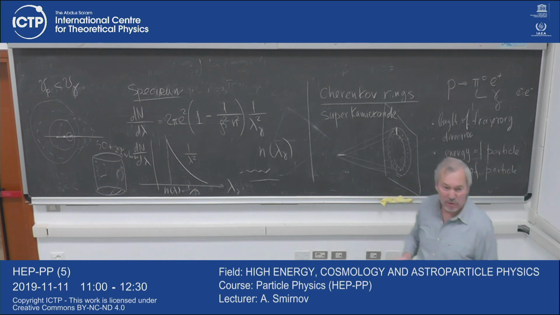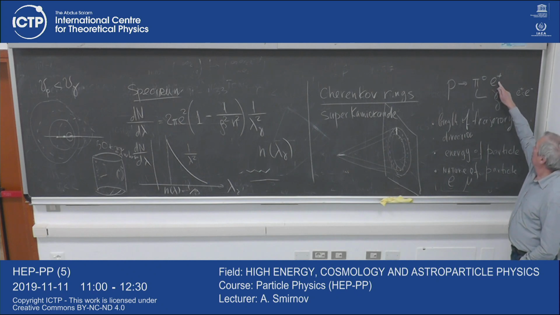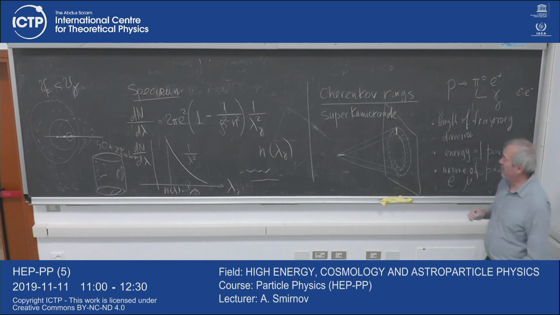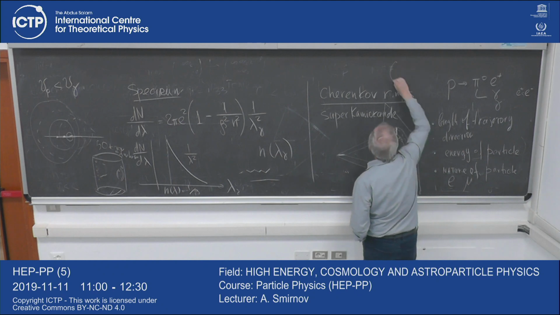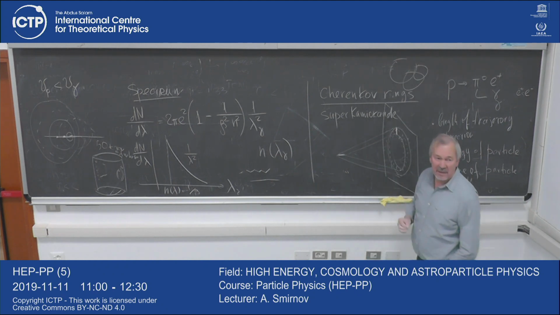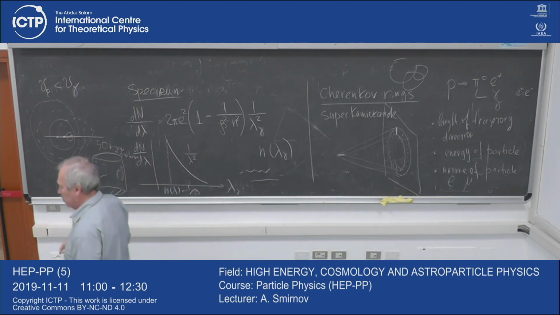Essentially everything is reduced to electrons. So you have this ring produced by the e plus, and two other rings eventually produced by the gammas, which are converted to charged particles. So it's a three-ring event, and you can expect something like this from this proton decay.